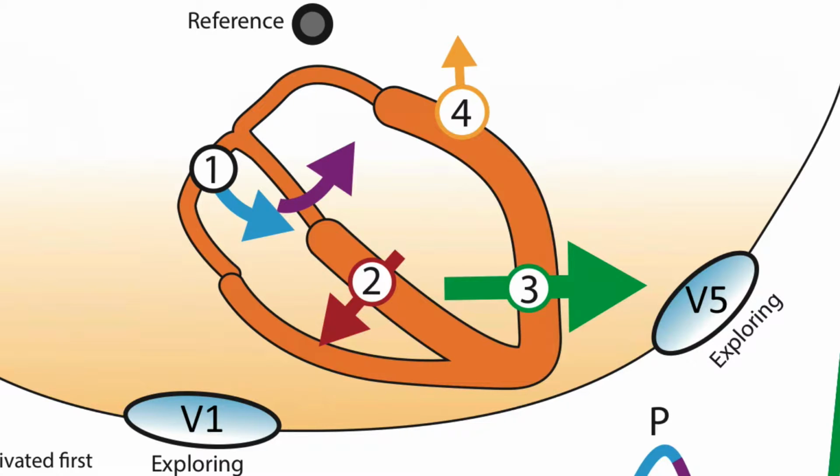As you can see, this vector is actually composed of two vectors. One generated by the right atrium and the other one generated by the left atrium. When the right atrium is activated, the vector is directed as shown by this arrow, that is anteriorly and to the left.